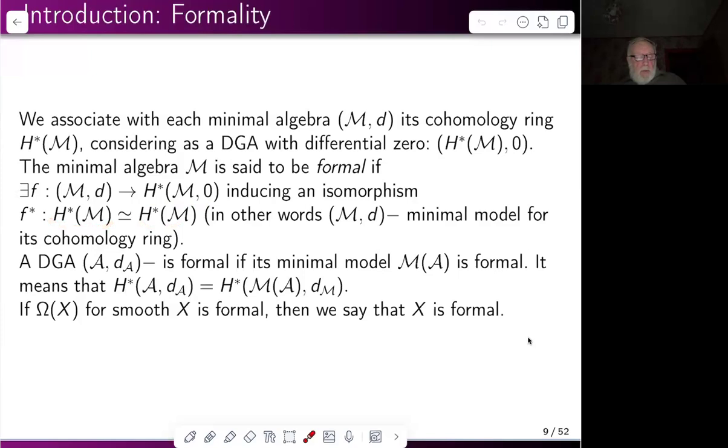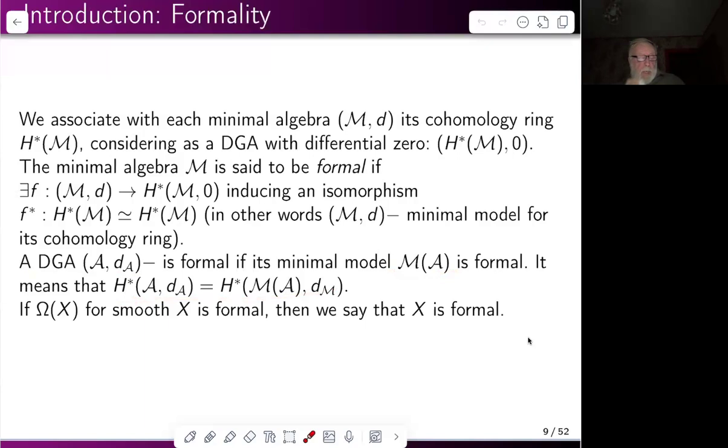This means that we have a minimal model M_A for its own cohomology ring. Then we say that this minimal algebra is formal. If we have a formal differential algebra, then of course it is guaranteed that if its minimal model is formal, then it guarantees formality of the DG algebra, and it means that we have an isomorphism on the level of cohomology.